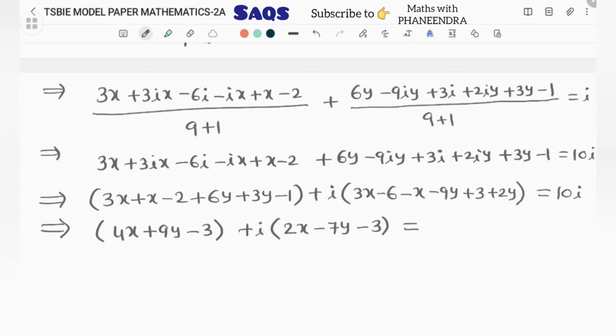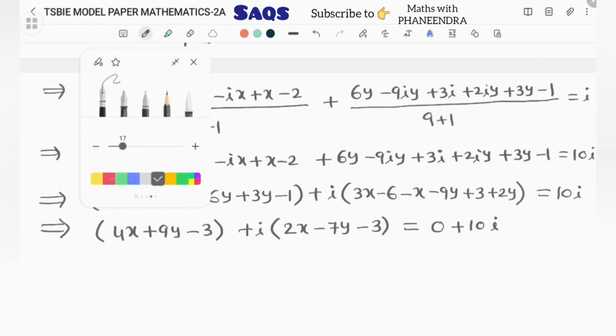So i is the imaginary part, real part is not there. So we can write it as 0 plus 10 into i. Comparing real parts and imaginary parts, I am putting it here, dear students, for your convenience.